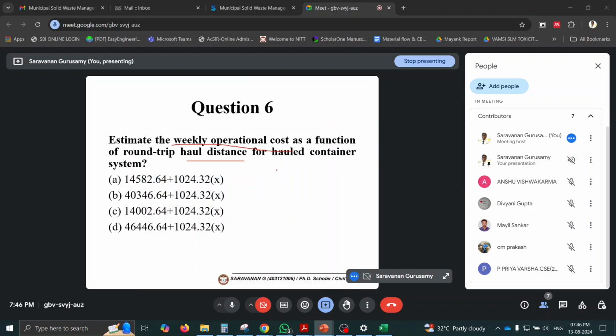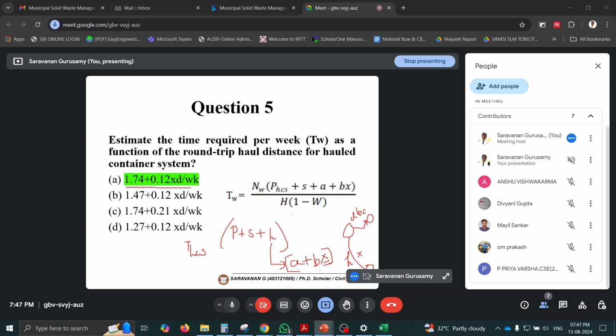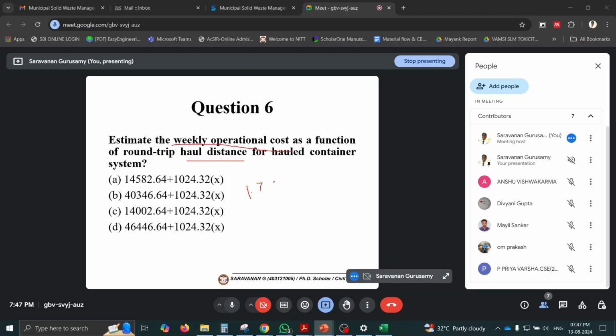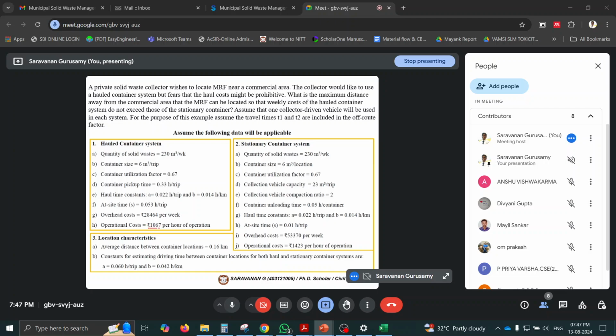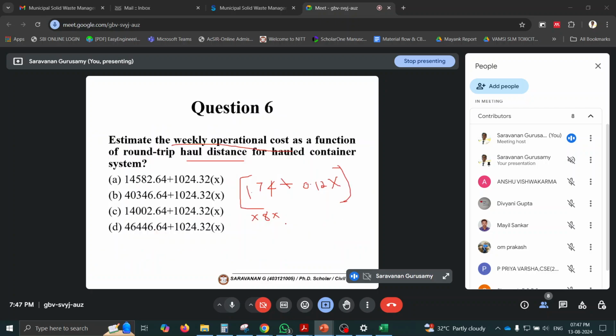So we multiply 1.74 plus 0.12x, that is the number of trips in a week, into 8 hours in a day, into the operation cost per hour, which is 1067 rupees. If you multiply, you will get the answer in terms of rupees. That is the operation cost.